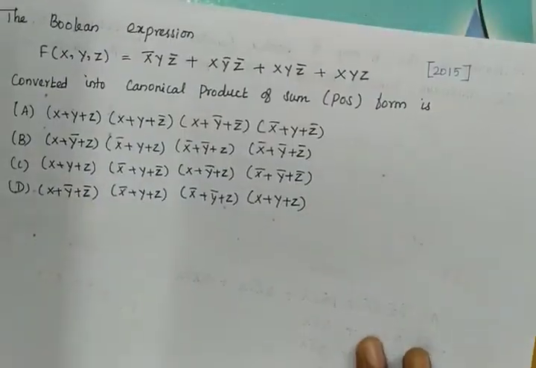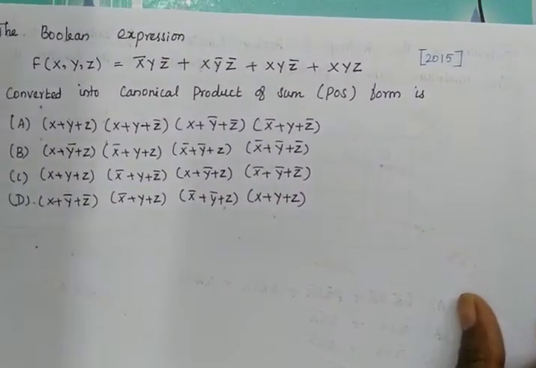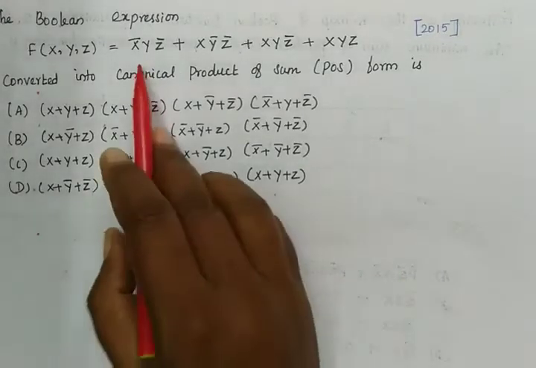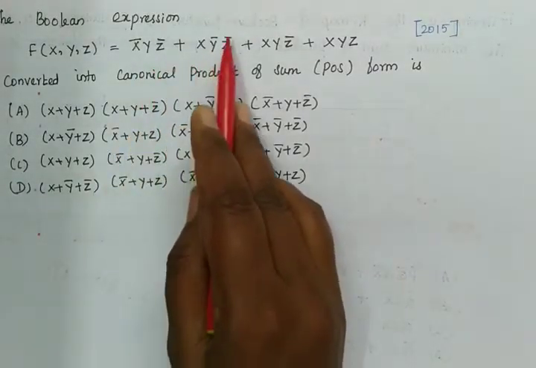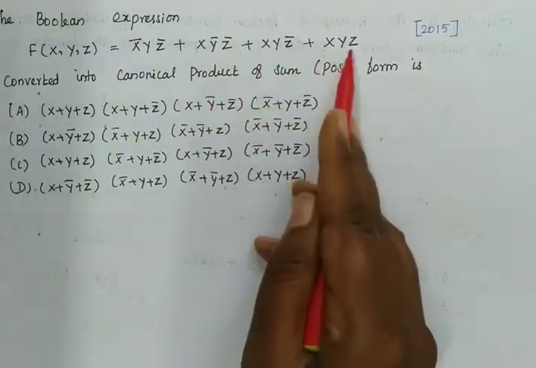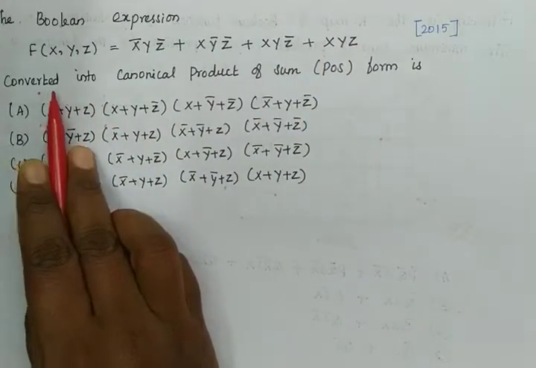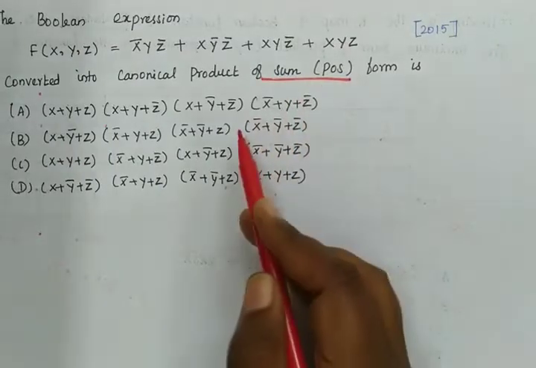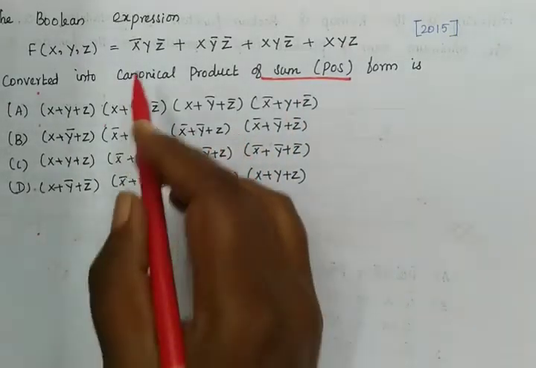Fourth, the Boolean expression F of X, Y, Z is equal to X bar Y Z bar plus X Y bar Z bar plus X Y Z bar plus X Y Z, now converted into canonical product of sums form is. So this is converted into canonical product. We know what canonical is.